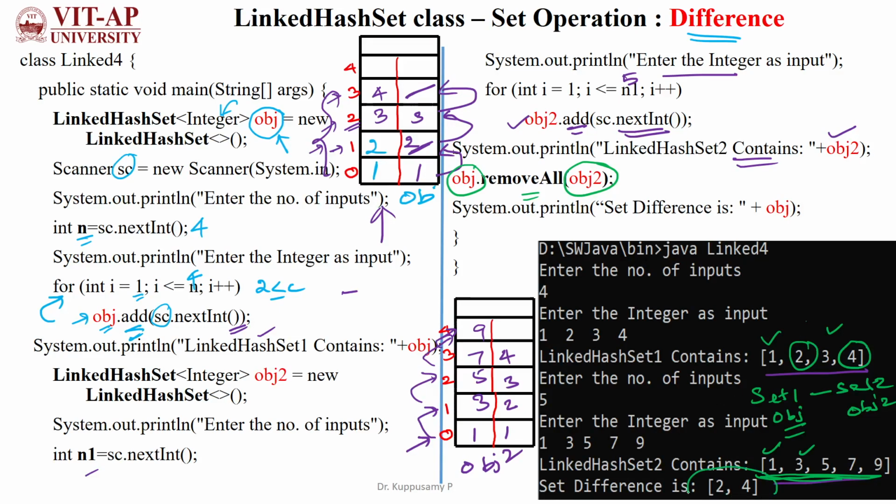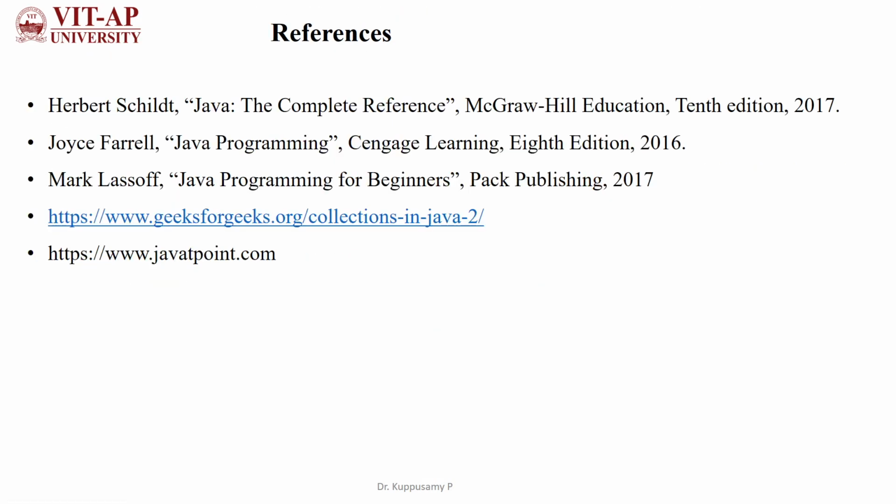So 2 and 4, which are not available in the second set represented by obj2, are the different elements available in set 1 compared to set 2. So this is the difference operation in the LinkedHashSet class.